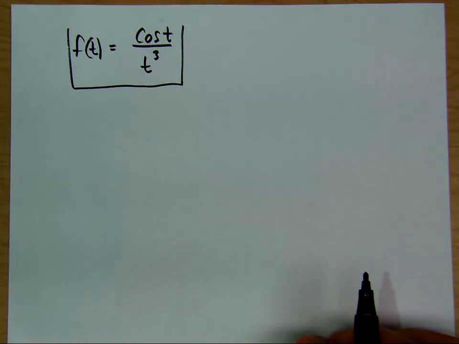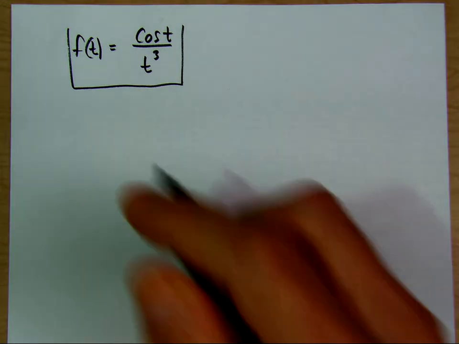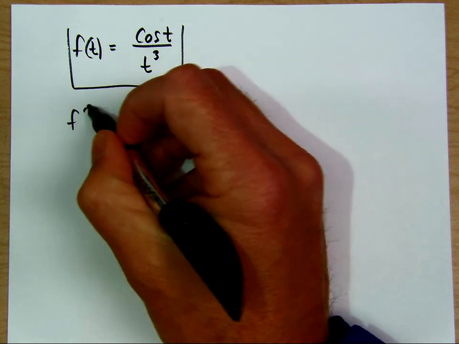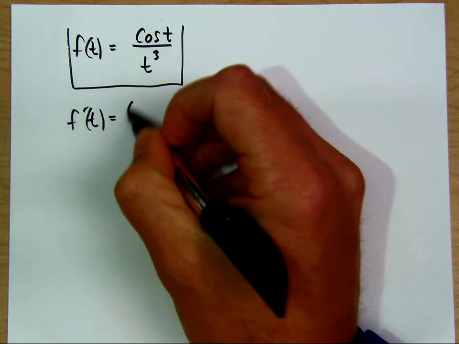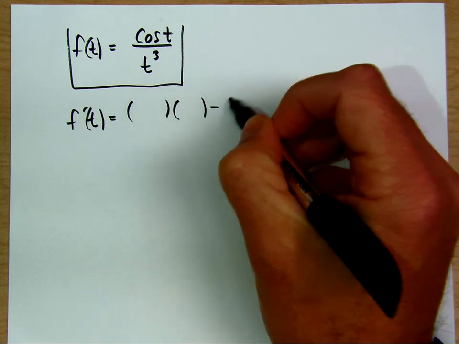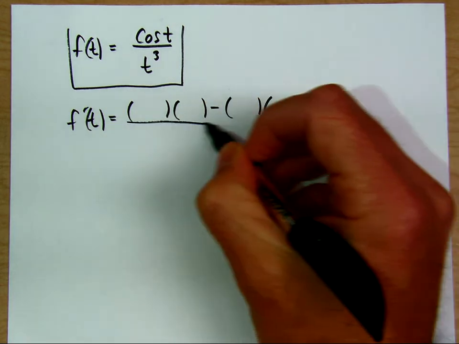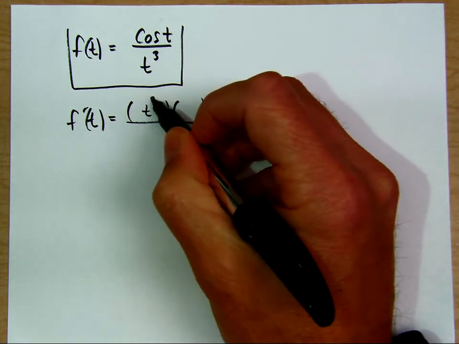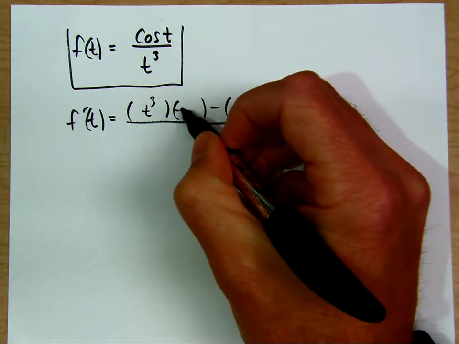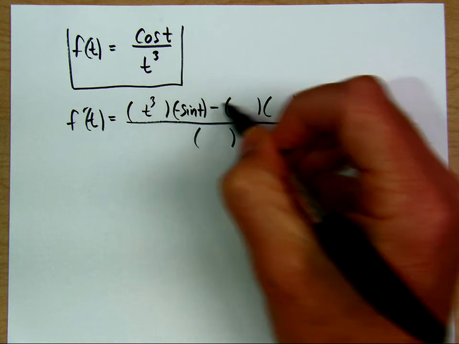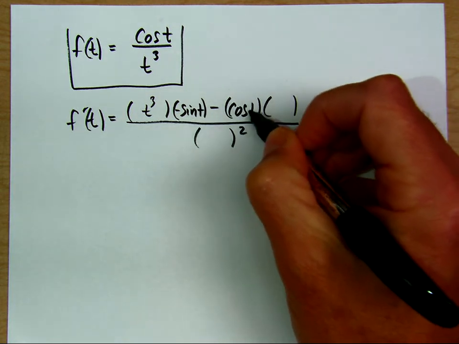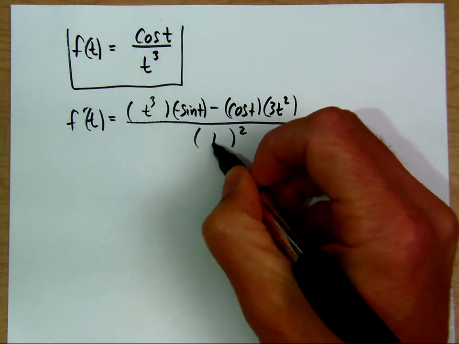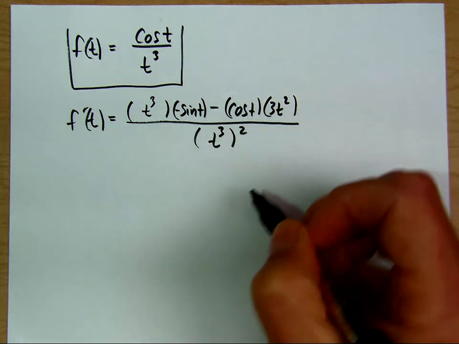Pause the video and try that one. Find the derivative. Don't have to worry about any radicals. So we have the denominator times the derivative of the numerator, numerator times the derivative of the denominator, and the denominator squared.